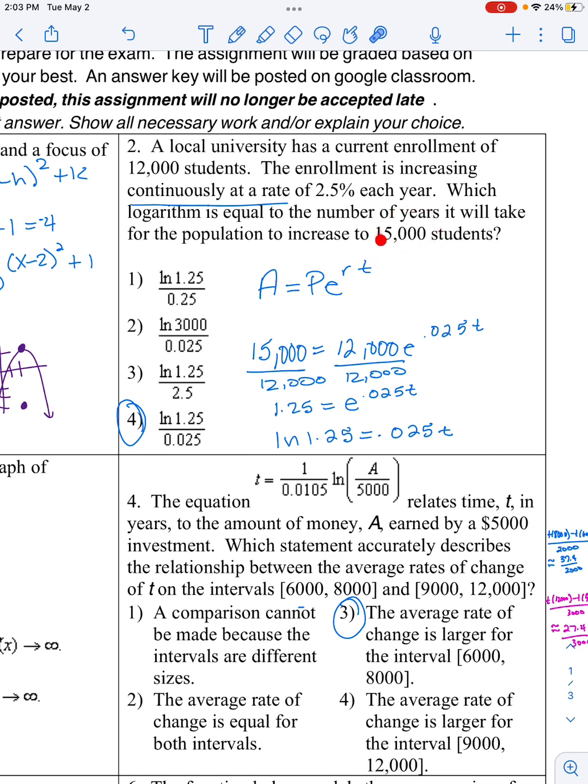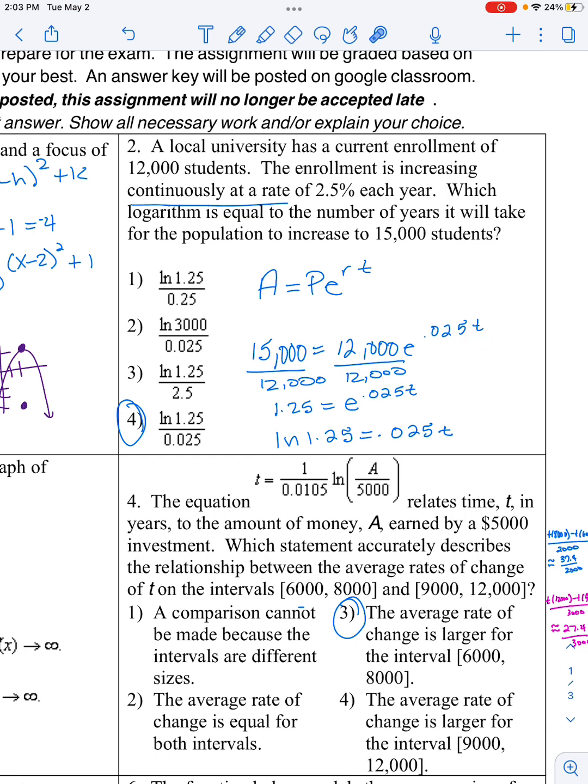So 15,000 is going to represent A. Our P is going to be our current enrollment, our initial amount, which is 12,000. R is going to be 0.025.